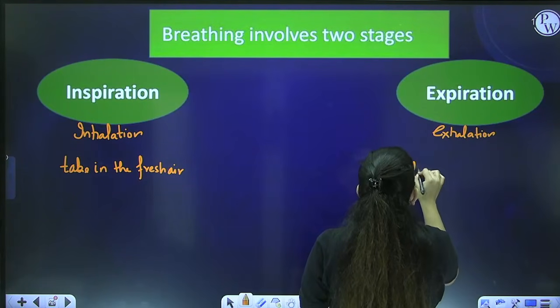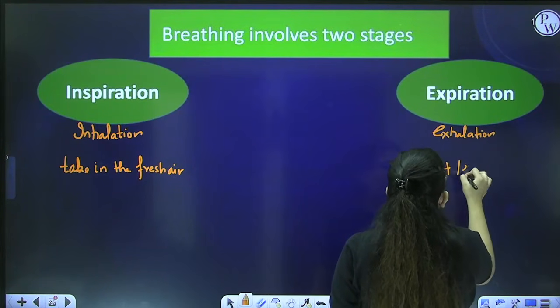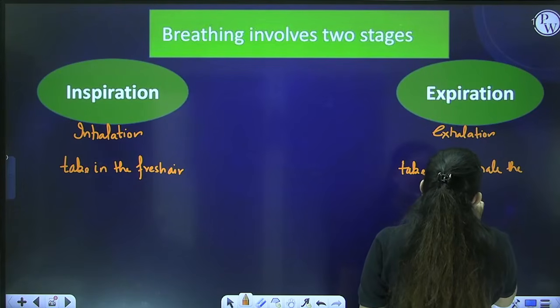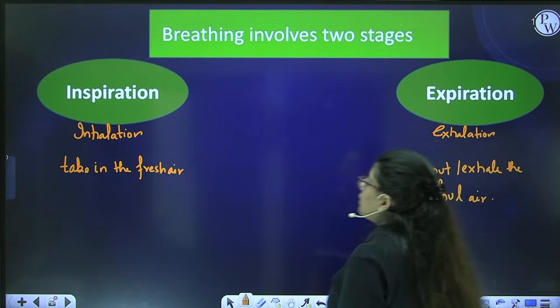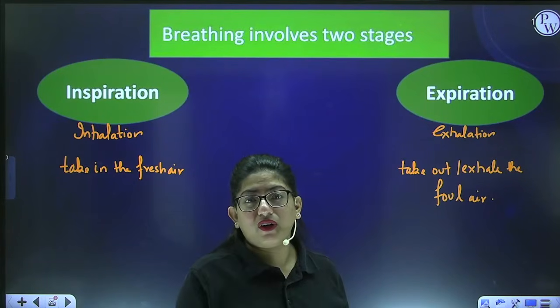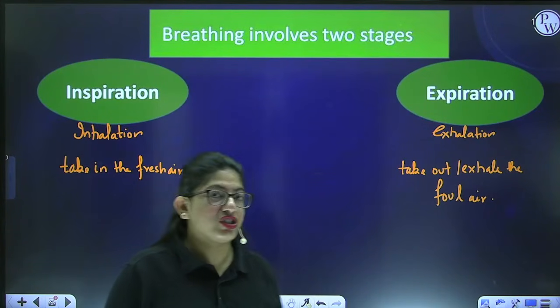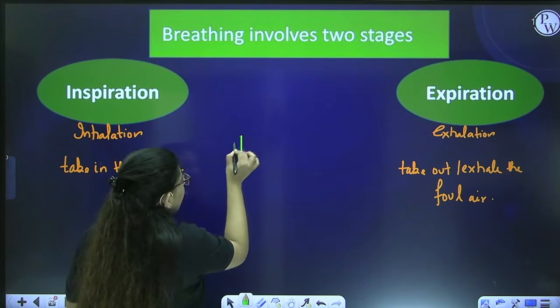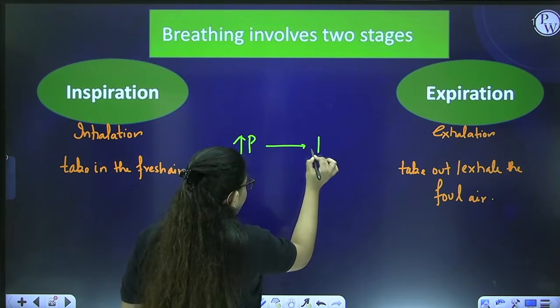We take out or exhale the bad or foul air. Fine. So how does air move? Like blood moves from an area of high pressure to low pressure, air also moves from an area of high pressure to an area of low pressure.